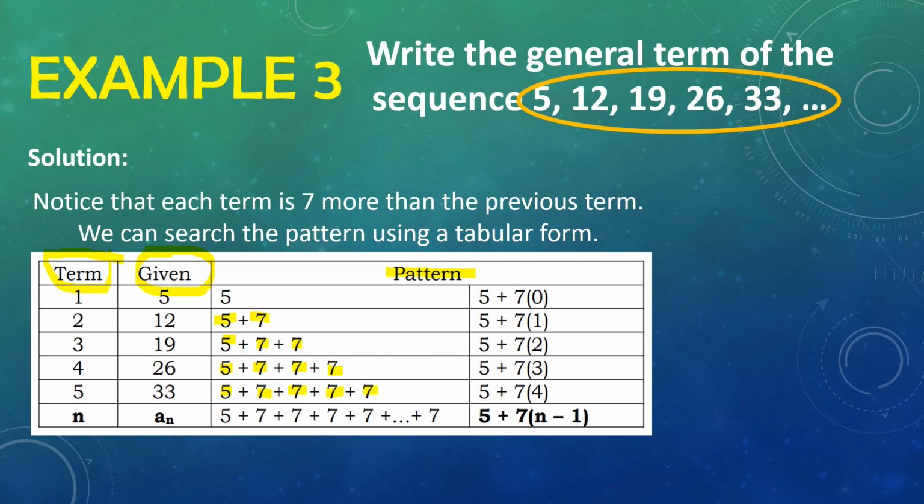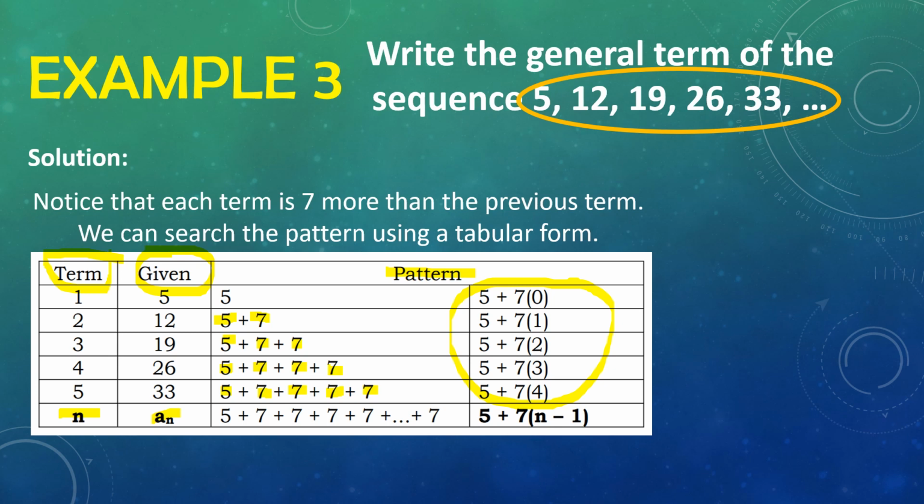In general, the term is denoted as n. The given is denoted as a sub n. So how do we get the pattern or the general term? Observe this. That's right.